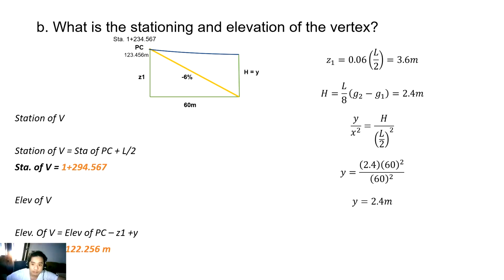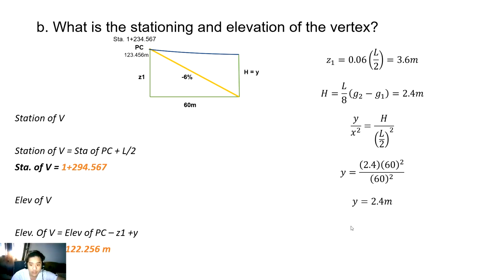Next, para naman makuha yung Y over X squared equals to H over L over 2 squared. So, alam naman natin na ang Y ang hinahanap. So, i-derive natin siya. Magiging Y equals to 2.4, which is yung H, times 60, which is yung X squared. Then, yung L2 natin ay 60 rin. So, 60 squared.